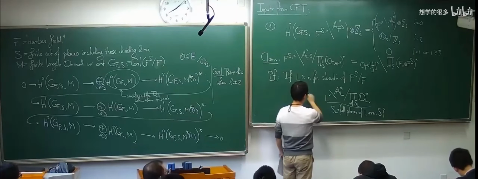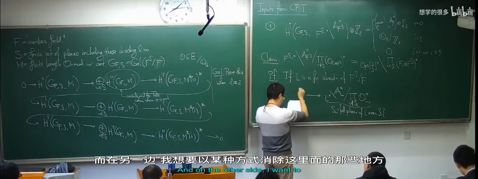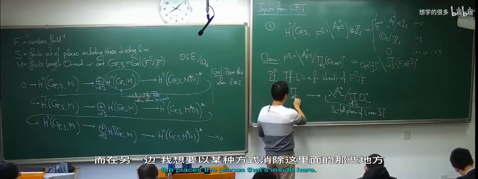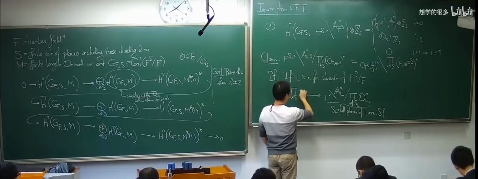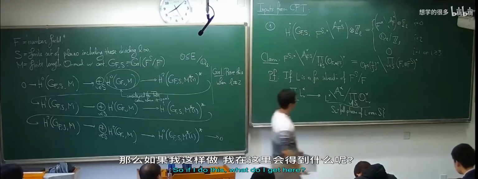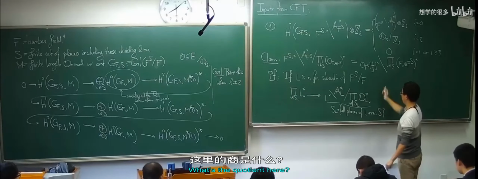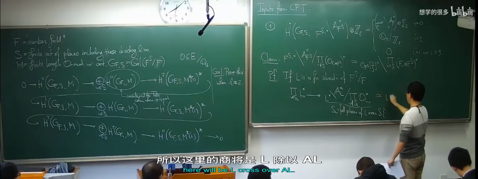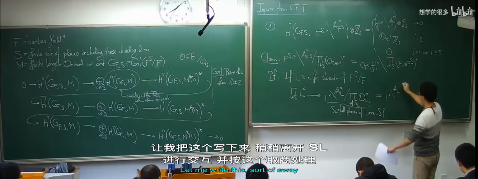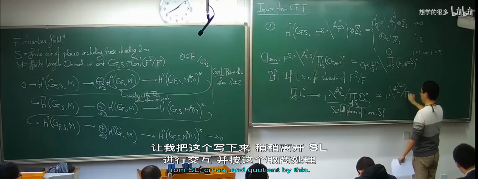And on the other side, I want to somehow kill the places that are inside here. So if I do this, what do I get here? What I get here is somehow the quotient. What's the quotient here? So the quotient here will be L cross over A_L, let me write this sort of away from S_L cross and quotient by this.